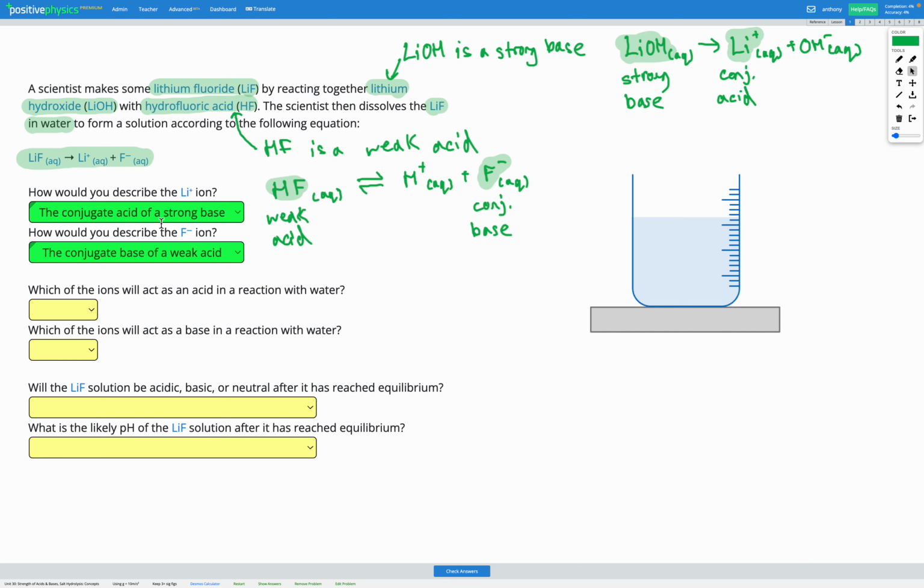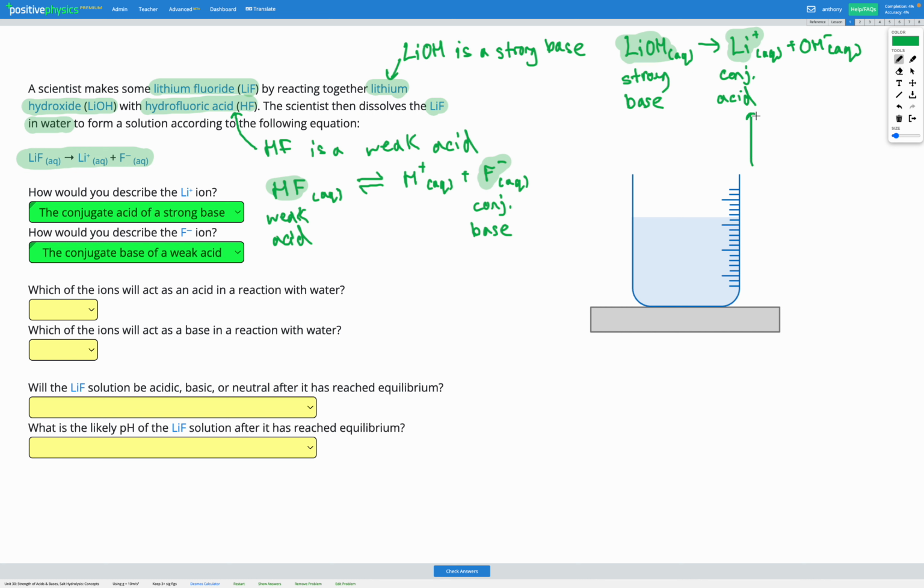Okay, so we figured out what the Li+ and F- ions are. Next, we need to think, will those ions act as an acid or base in a reaction with water? So looking at our equation here, when LiF dissolves in water, we have that solid line showing it's fully soluble. It forms the Li+ ions and F- ions. So are either of those then going to go on to react with water? Let's look at our equations. For Li+, here's Li+.